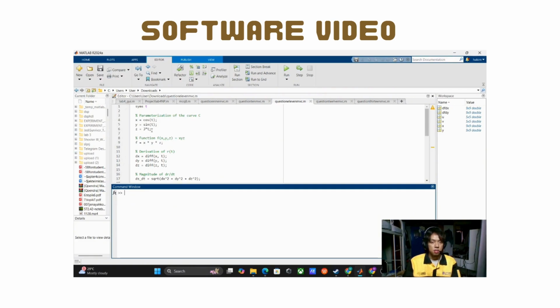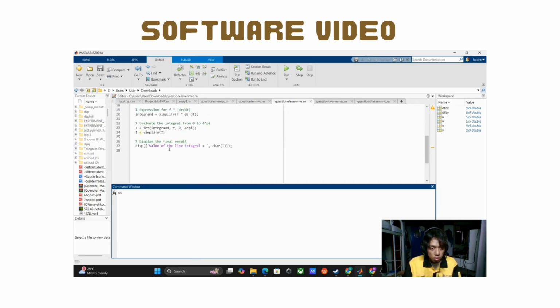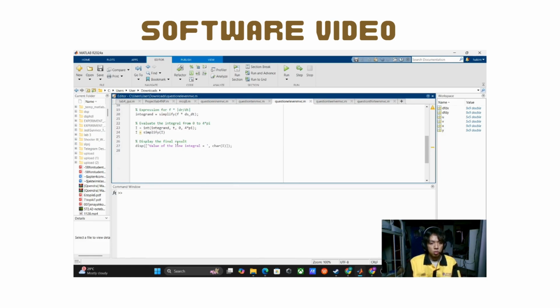We define the function and the curves, then use the int function to evaluate the integral from t equals 0 to t equals 4 pi, followed by simplify and evaluate to get the final result.